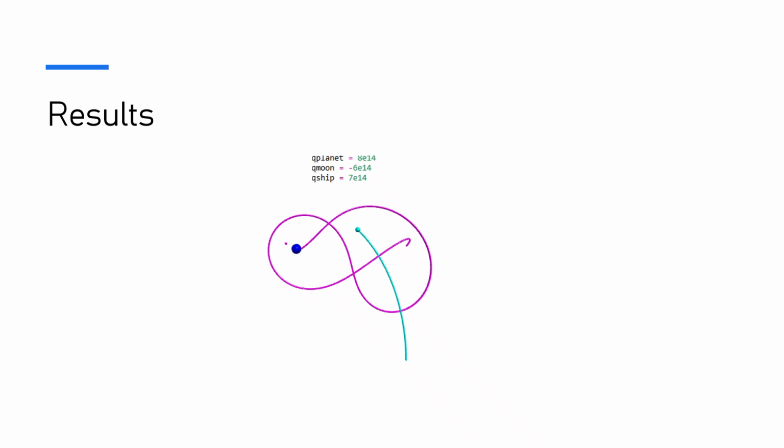And just for funsies, instead of the ship being negative, the moon is negative and the ship is positive. Then your ship just does that and crashes into the planet, but crashed way too hard and it just left the planet too. You can have fun with that. There's some very crazy stuff that happens when you do.